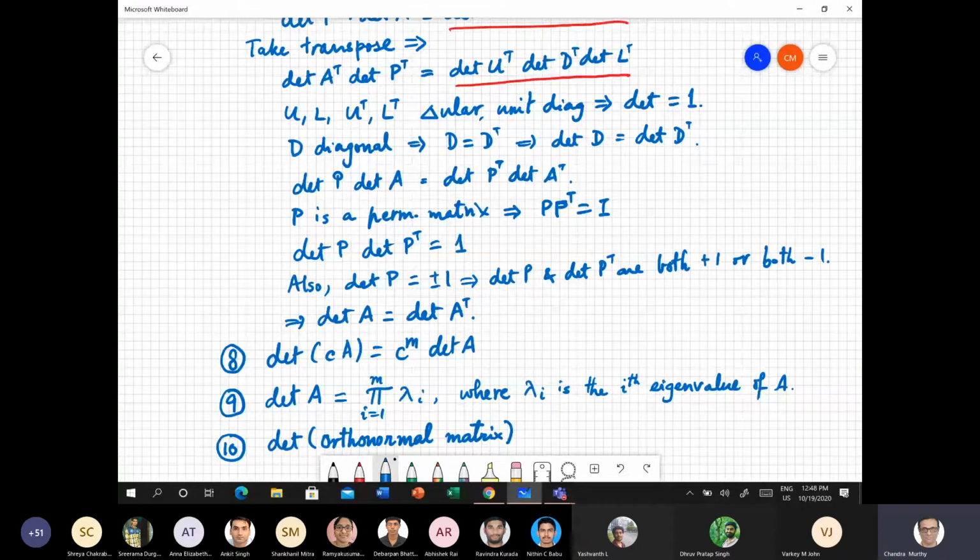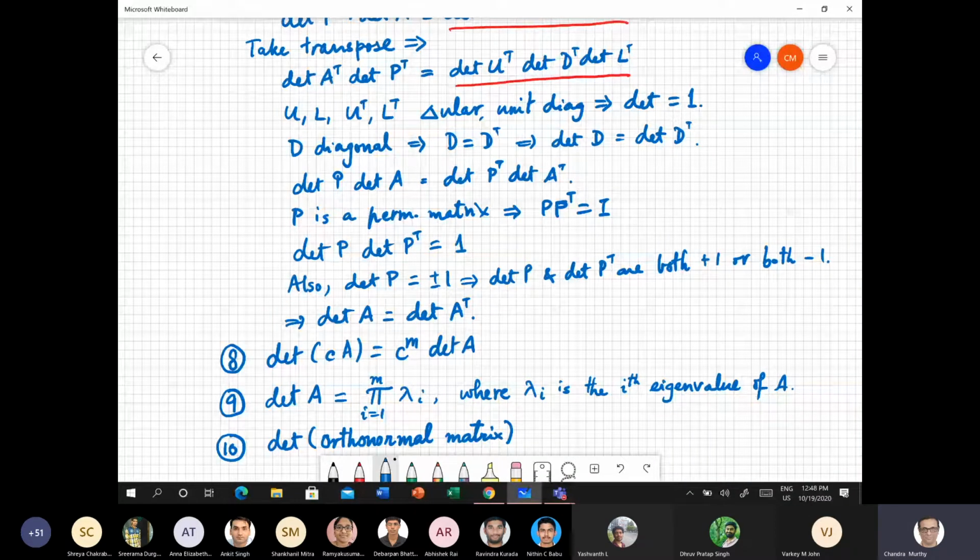You might recall that when you do a variable transformation, suppose you're trying to find an integral of f of x dx and you do a substitution x equal to g of y, then you have to insert the Jacobian of the transformation: f of g of y times the Jacobian times dy.